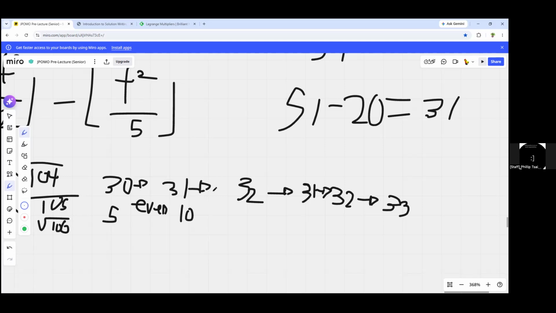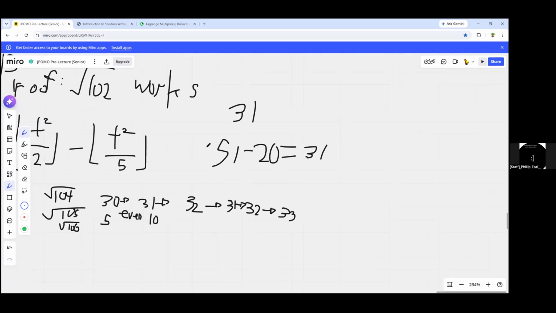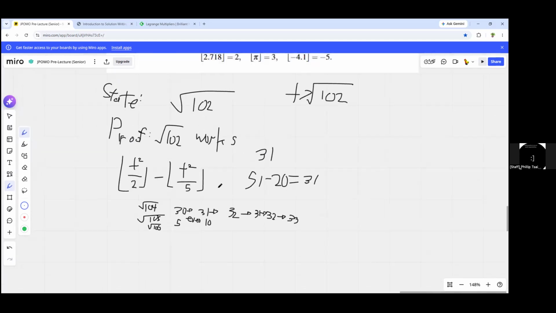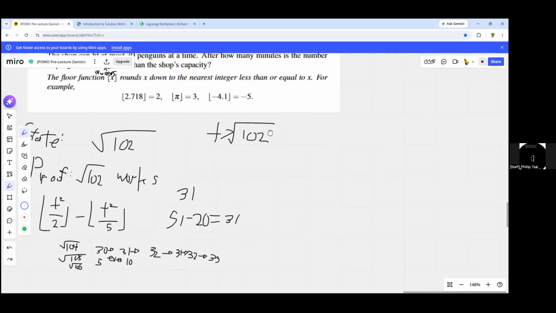And so it always tends to increase. I mean, it always tends to at least stay the same or increase. And so after that point on, it will be greater than 30. So square root of 102 works.